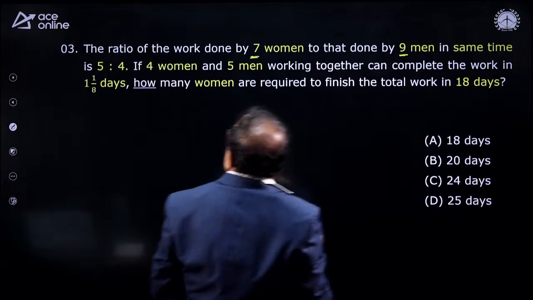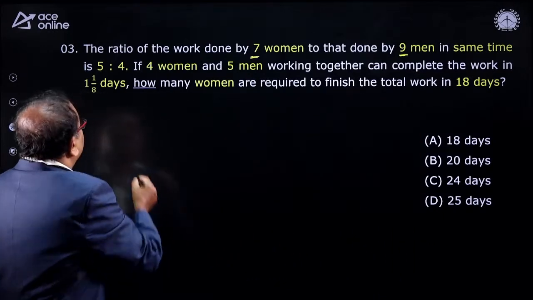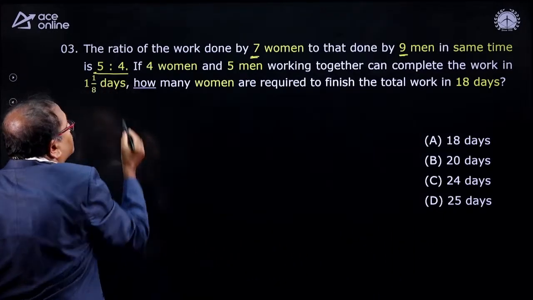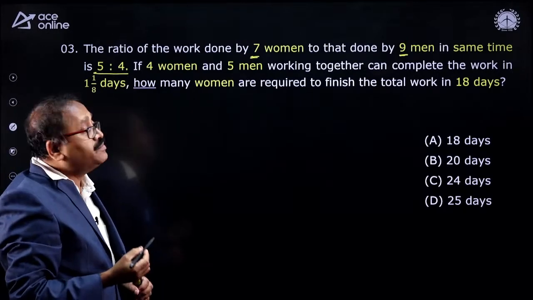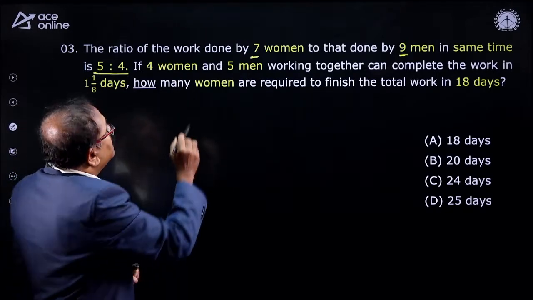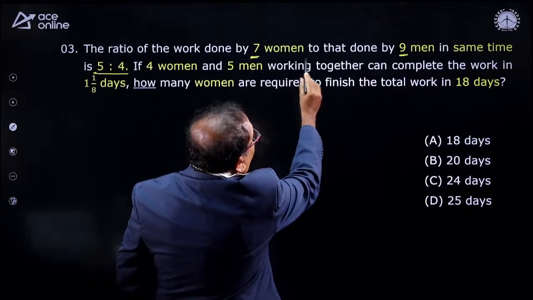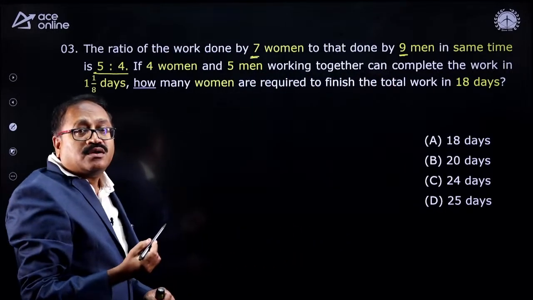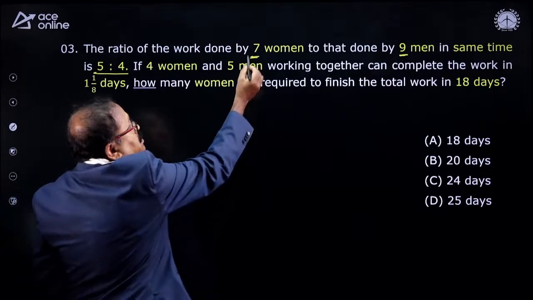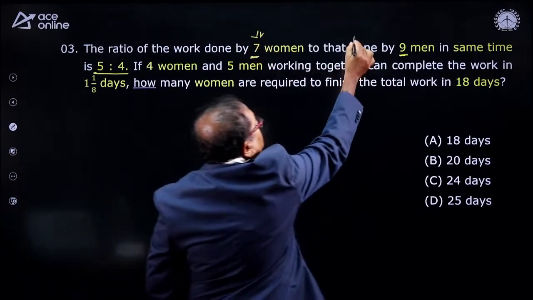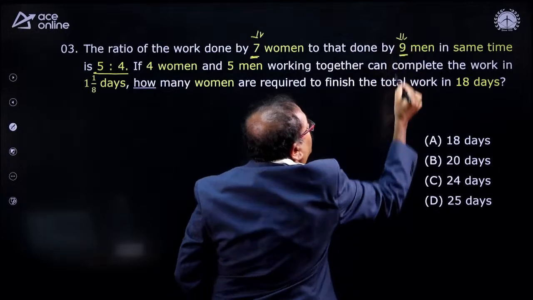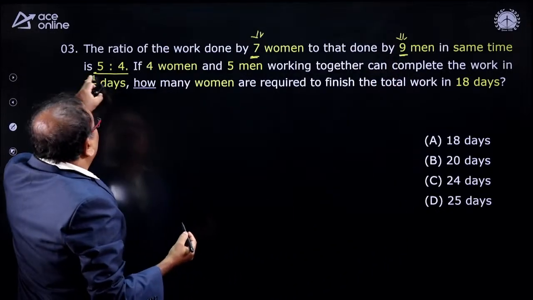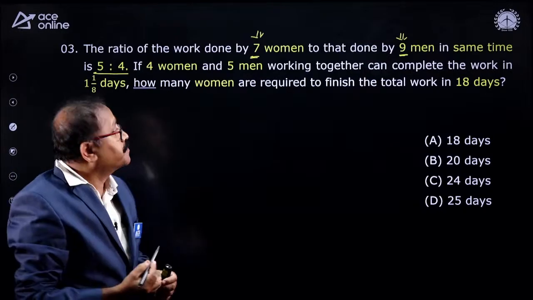Shantanu ji, look, the ratio of the work done by 7 women to that of 9 men in the same time is 5:4. At the same time, the work done by 7 women and the work done by 9 men is in the ratio of 5:4.